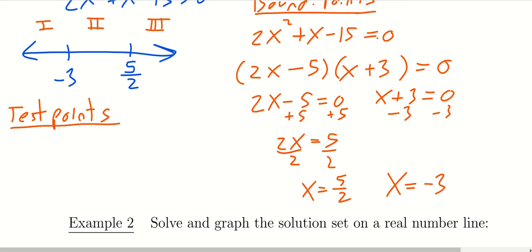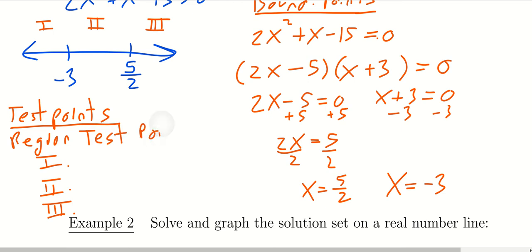What we are going to do is pick a test point within each region and plug it into the function. For example, in region 1, a value of x that would be in there is x equals negative 4.